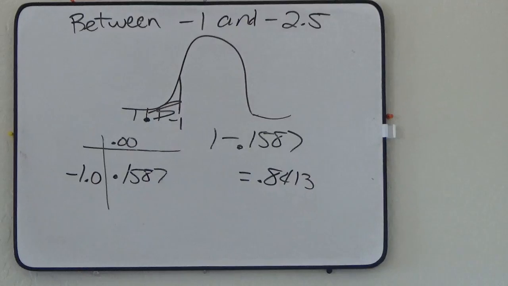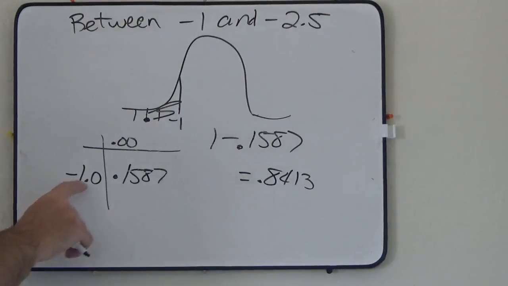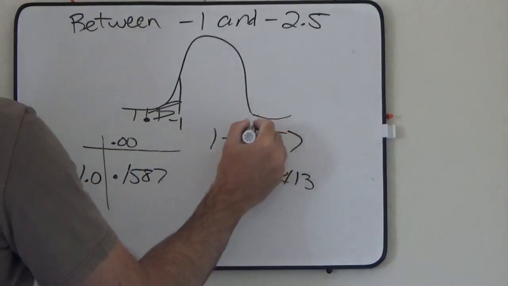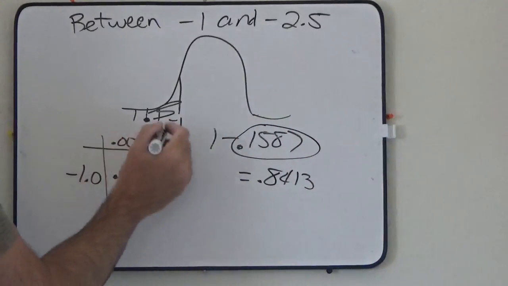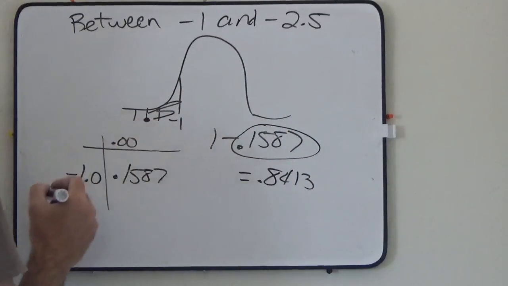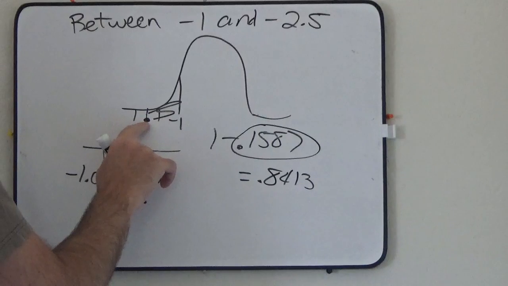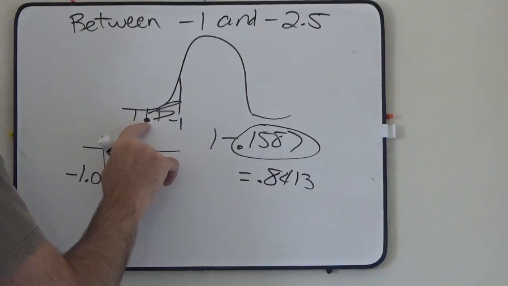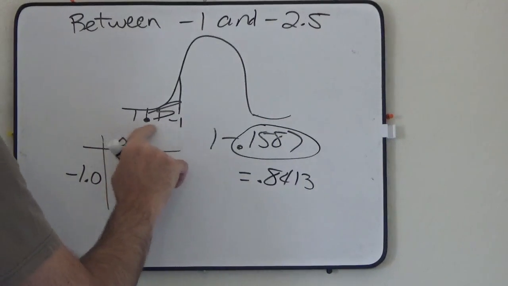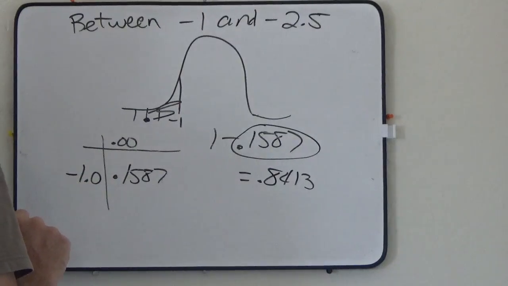So here's what I already know. I already know -1 is this answer right here, right? So that's the full area all the way to -1. Now I want to find the area from left to right to this point, because if I subtract them, that'll give me the area in between. So we're looking for -2.5.